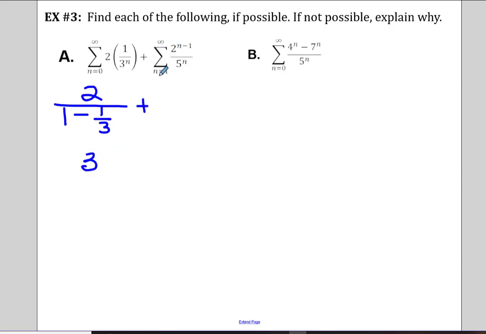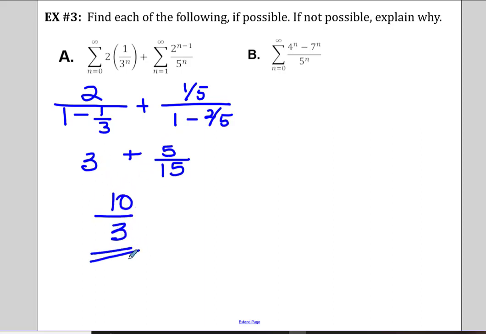And in this case, when n is 1, we have 1 in the numerator and 5 in the denominator, so we have 1/5. And the ratio is 2/5, so 1 minus 2/5 would be 3/5. And 1/5 divided by 3/5 is going to be 5/15, which is 1/3, so 3 1/3. We've got 10/3 for the summation there.